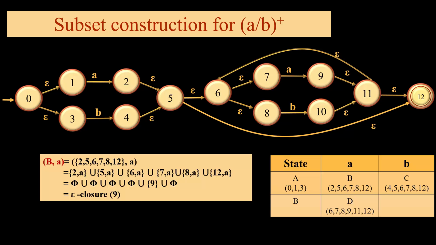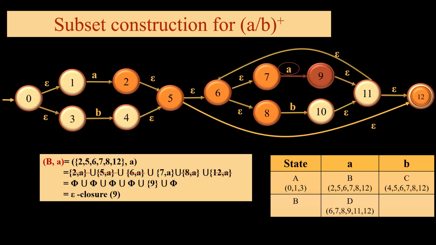Set B has elements 2, 5, 6, 7, 8, 12 comma A. We will check 2 comma A, 5 comma A, 6 comma A, 7 comma A gives us 9, 8 comma A and 12 comma A. So we have only 9 as a state corresponding to set B, in which we have an output on small a.